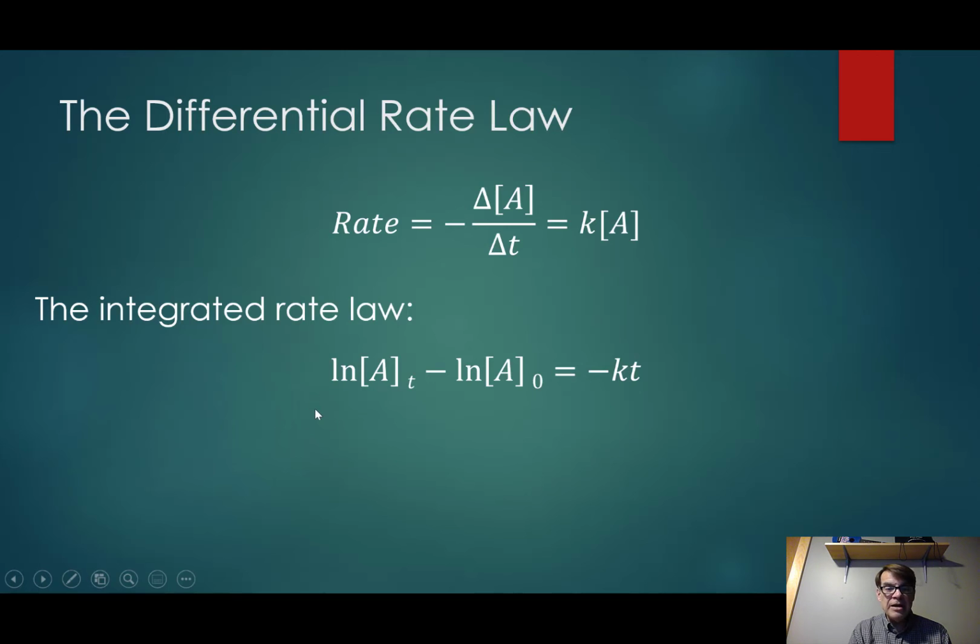If you have an e to the x button somewhere on your calculator and you hit that and put this number in, the result is the concentration at time t. So if you put e to the natural logarithm of something, the e and the natural logarithm cancel each other out. It's like multiplying and dividing by the same number. You end up right where you started from. So if you do e to the natural logarithm of this, the e and the natural logarithm go away, and you're just left with a sub t.